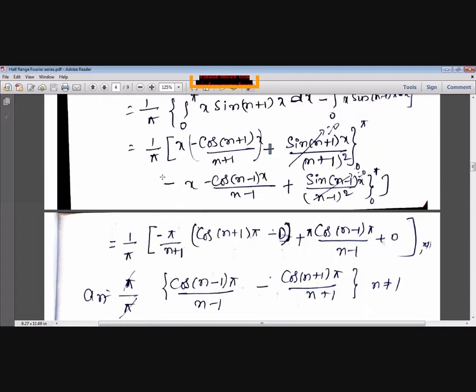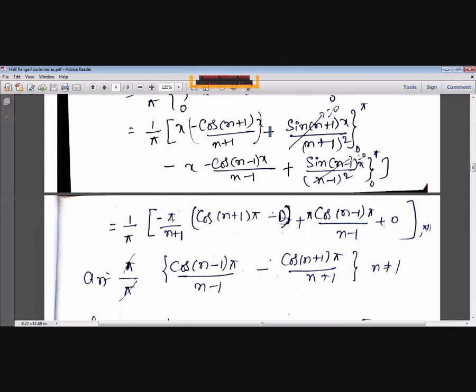If you substitute in 1 by pi, x as pi, minus as it is, 1 by n plus 1 as it is, cos n plus 1 pi. Then this is 0, plus minus into minus plus. Pi you need to substitute in place of x, pi cos n minus 1 pi by n minus 1. This is 0. Okay, take pi common.